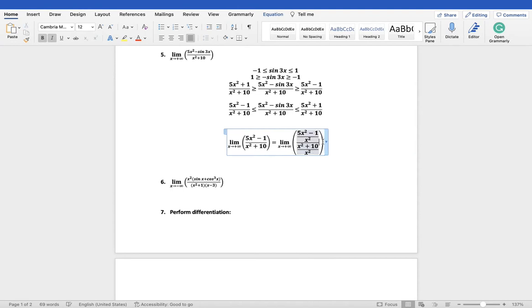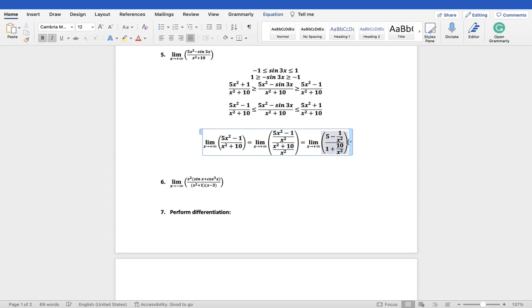And then what happens is we can simplify this to be the limit of 5 minus 1 divided by x squared, over 1 plus 10 divided by x squared.